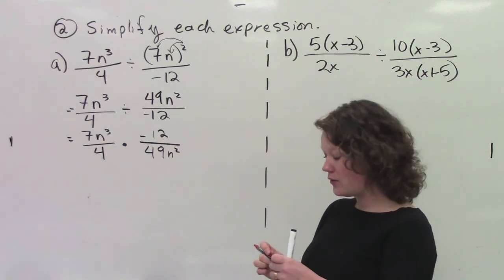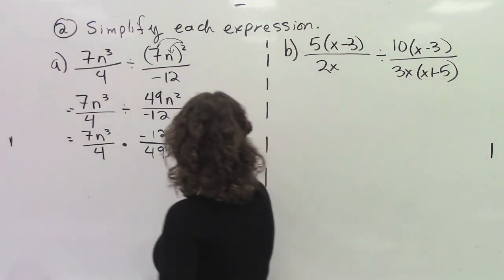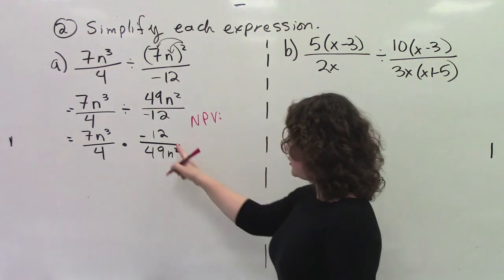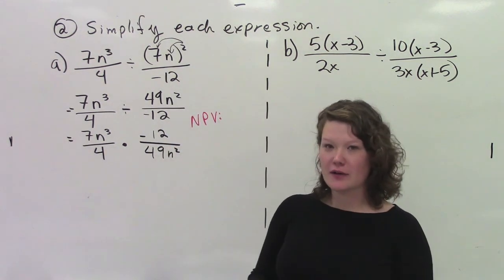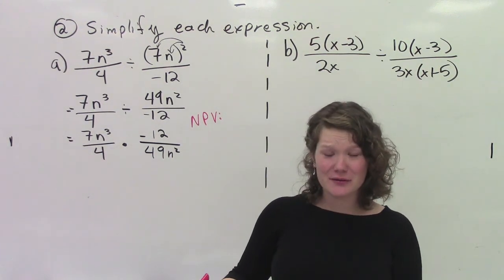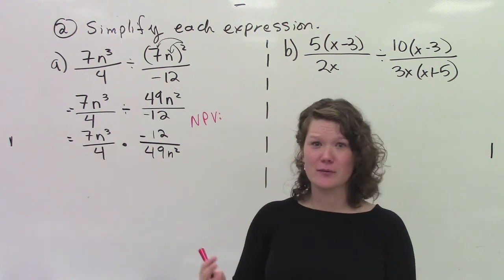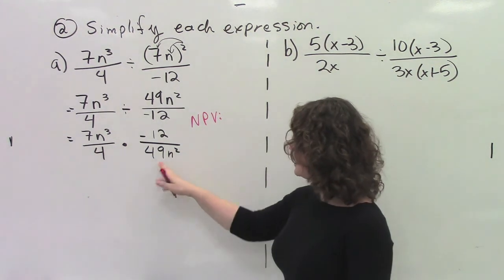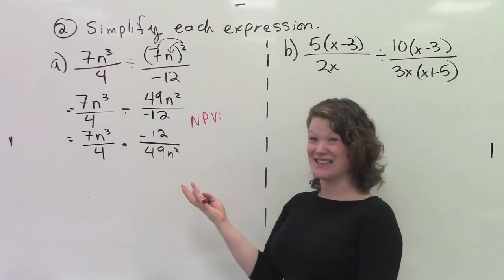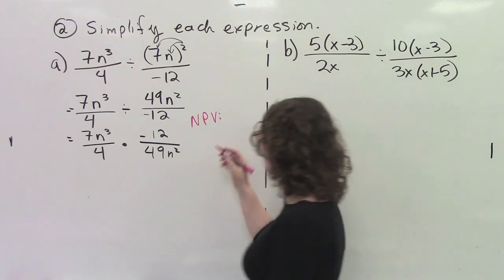Okay? Now we need to write our non-permissible values. Negative 12 can never equal 0. Awesome, because negative 12 doesn't equal 0. There's no variable, we don't have to worry about it. N though, n can't equal 0, because then that would make it undefined.